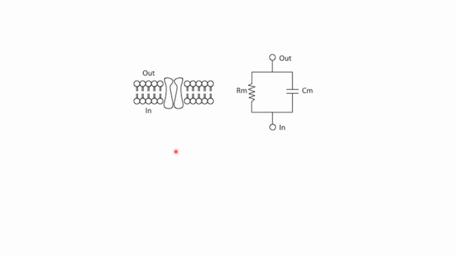You might recall from your basic physics classes that the resistance is inversely proportional to the cross-section area of any conducting medium. So if you have a thin copper wire, then it will offer more resistance to the flow of current, and if you have a thick wire, then it will allow the current to pass through more easily. So as the area increases, the resistance decreases.